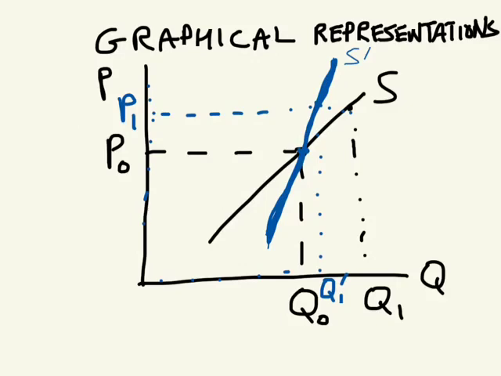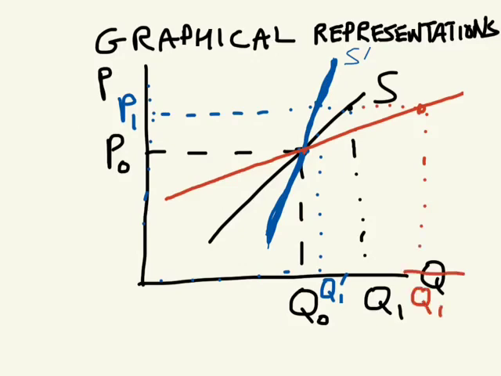Now, same as was the case when we were talking about price elasticity of demand, if we had, instead of a steep supply curve, a really flat one, and notice it's also going through the same point, we in this case would be talking about a much more elastic supply function.